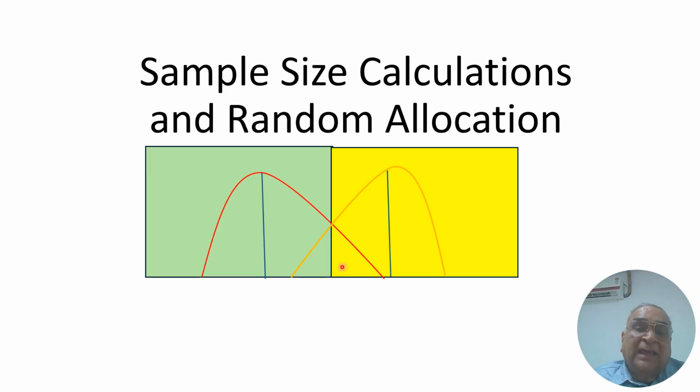So you will be able to see the difference between mean reduction in treatment A and mean reduction in treatment B. So this is what you have to understand. Sample size gives you the power to see the two means as different.